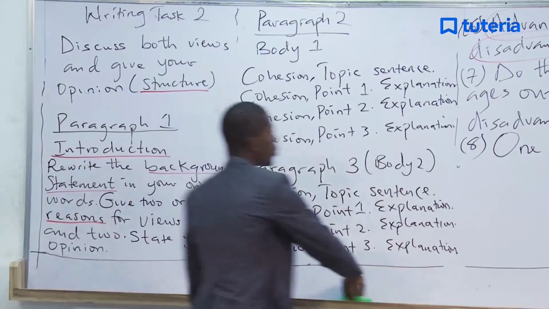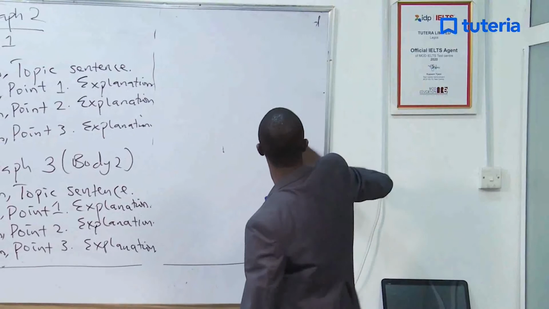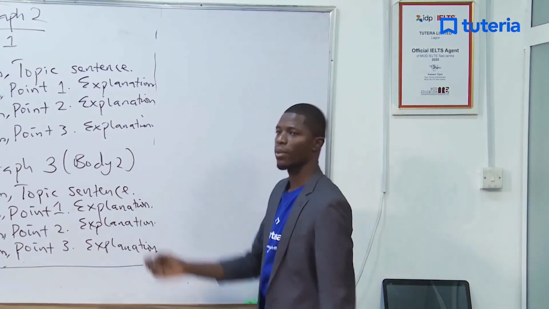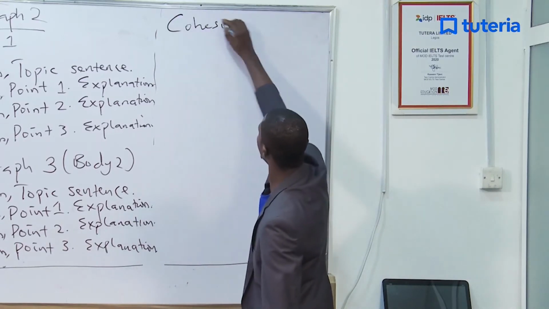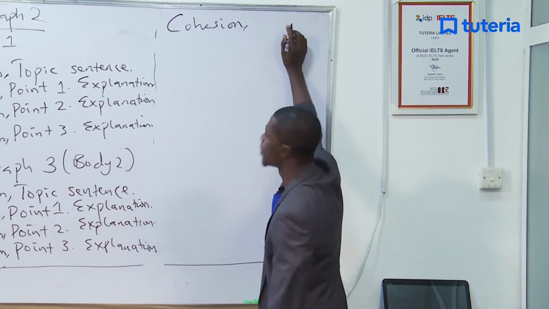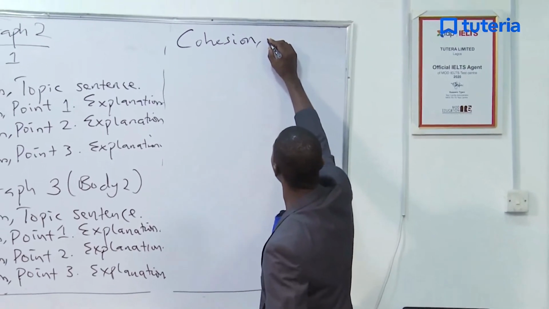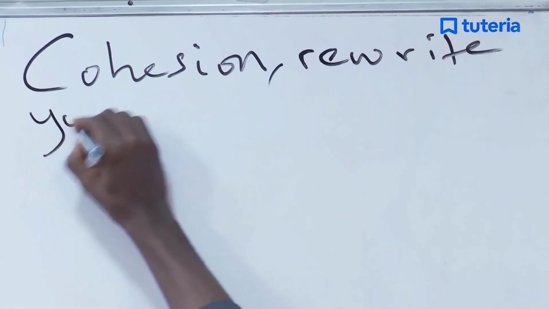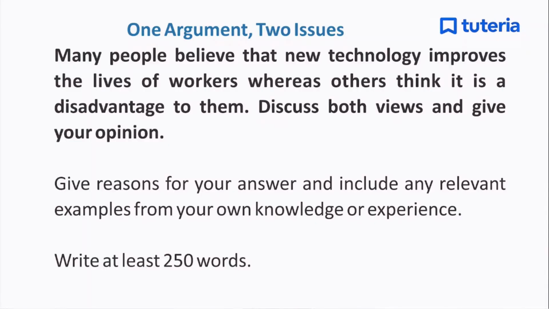Then let's go to the conclusion part. The concluding part. So we have cohesion, comma. Are you there? Rewrite your reasons.